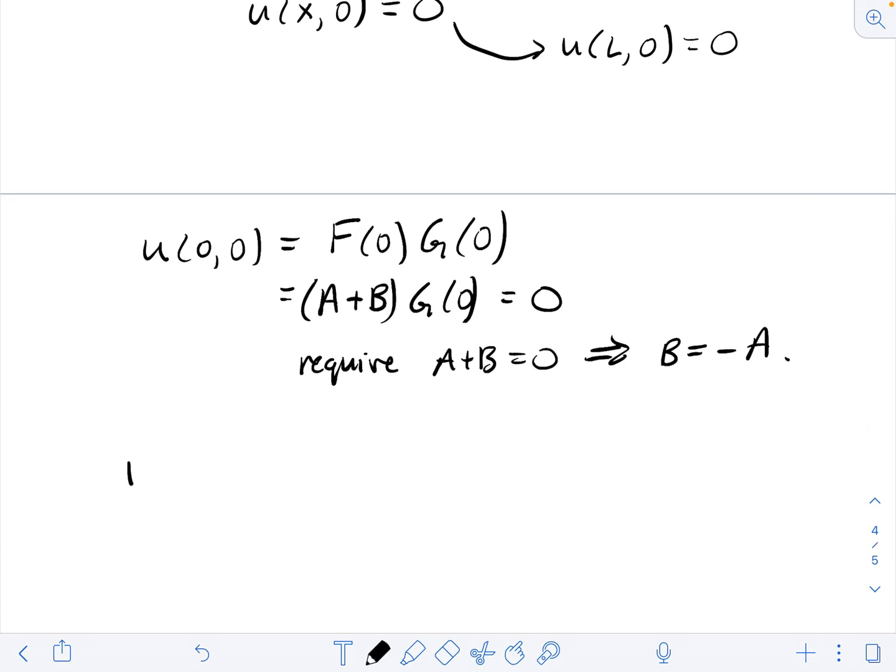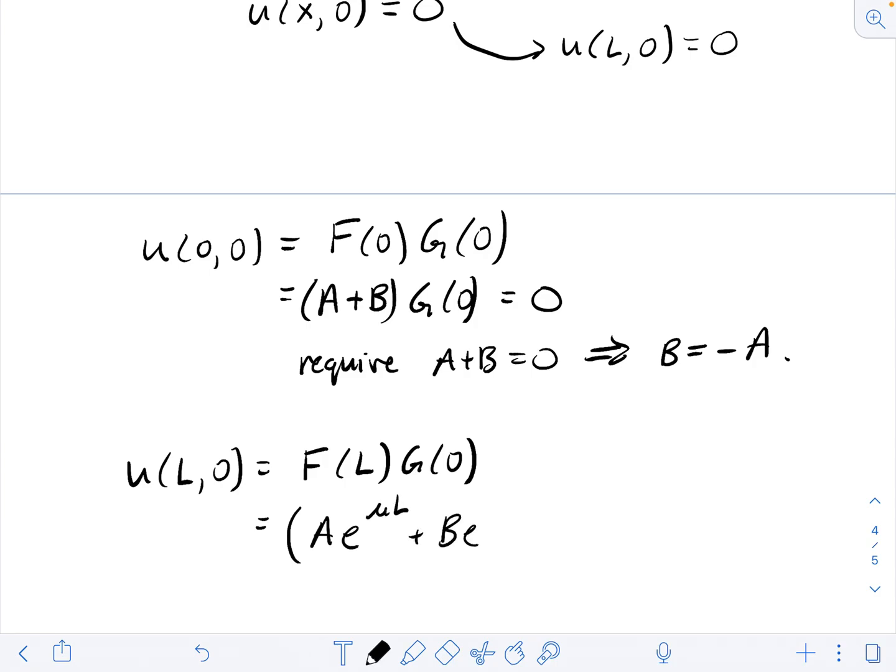Okay, and then we do the second boundary condition at x equals L. And so f of x becomes f of L, and we still have g of 0. And f of L, so we're going to have a e to the mu L plus b e to the minus mu L, times g of 0.